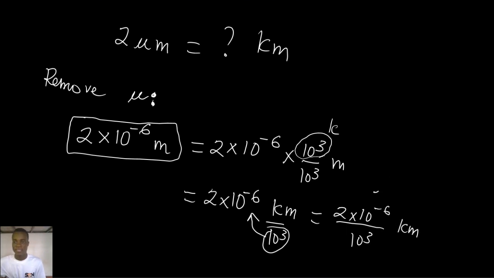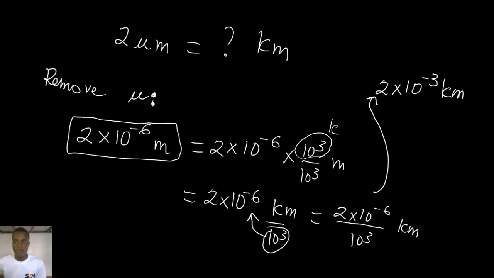If you do the decimal component side, or put this in your calculator, what do we have? 2 times 10 to the power -3 kilometers.